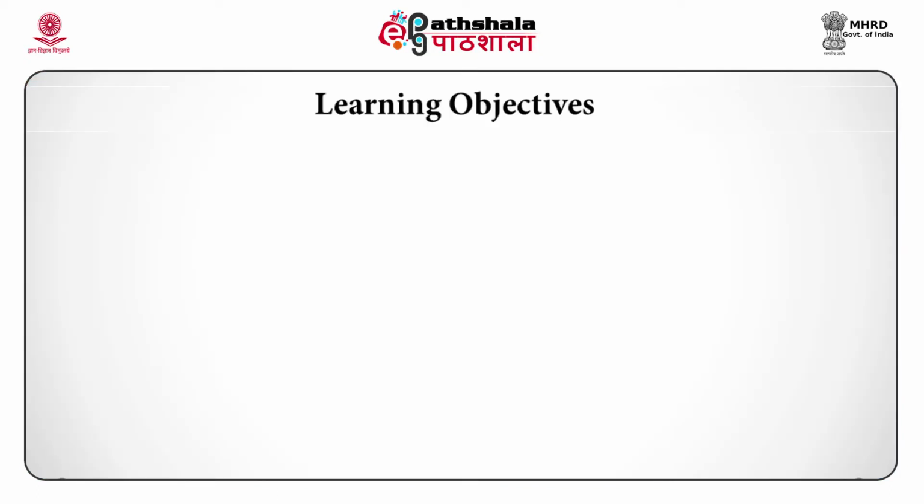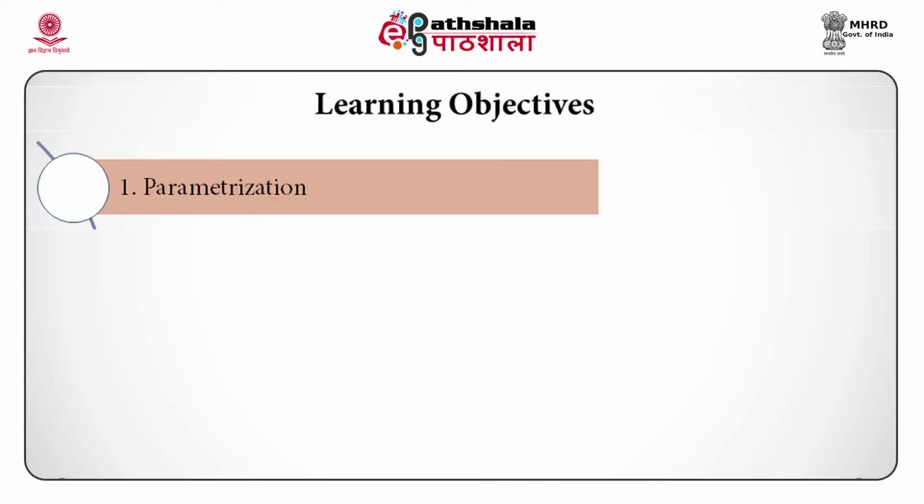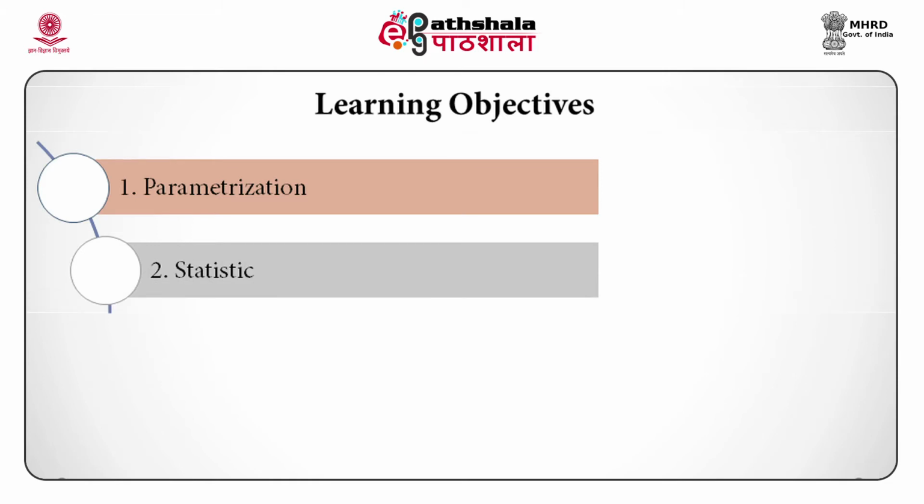Learning objectives for this module. We shall first introduce the concept of parametrization and define a parameter theta such that theta equal to 0 represents that there is no difference between the experimental and the control treatment. Next, we shall define an associated sampling statistic based on which the sequential plan will be implemented.